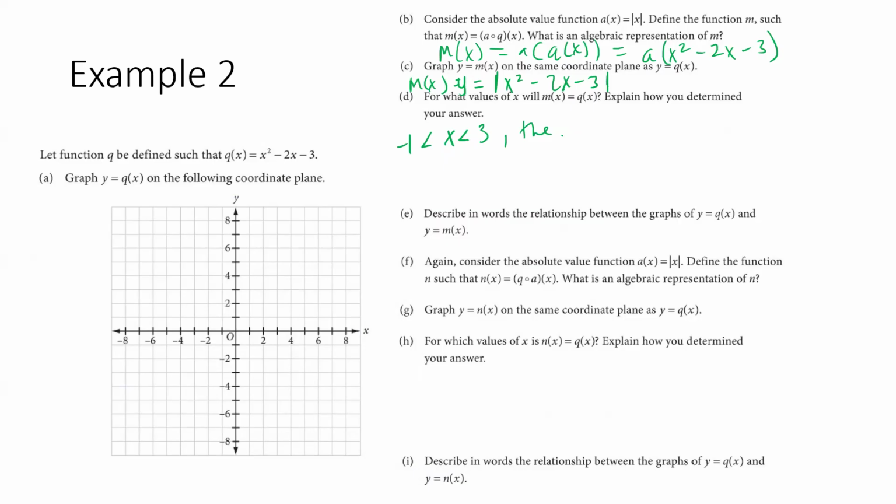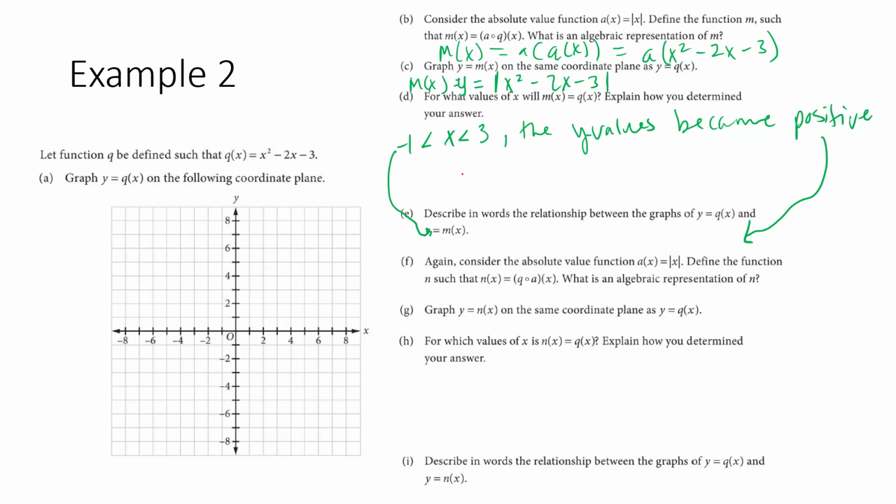Oh, it says when are they the same? I'm writing this in the wrong spot, guys. Let's go there. The y values became positive. I wrote it in the wrong spot. It goes in here. And I'm not erasing. Just follow the arrows.